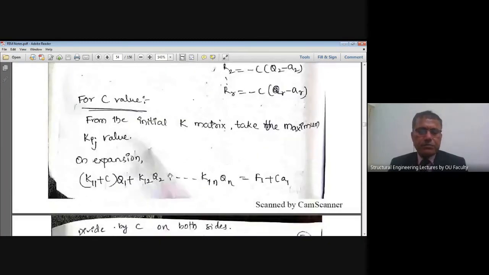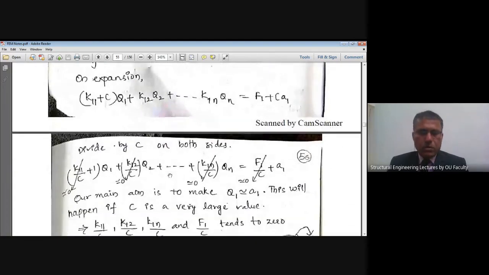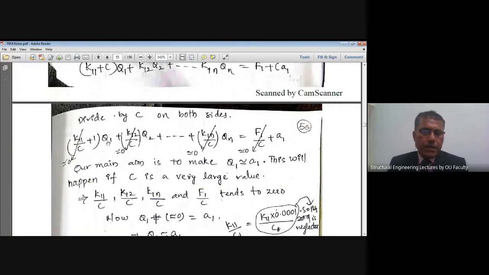So what I will say now is that if the obtained solution is correct, then this ratio K11 divided by C should tend towards 0. Then only Q1 multiplied by 1 is equal to Q1, right? Similarly, K12 divided by C tends towards 0.